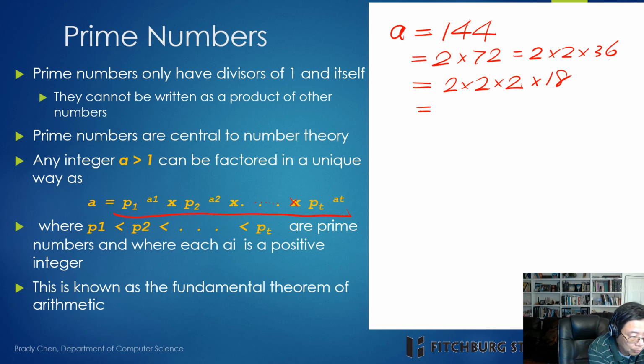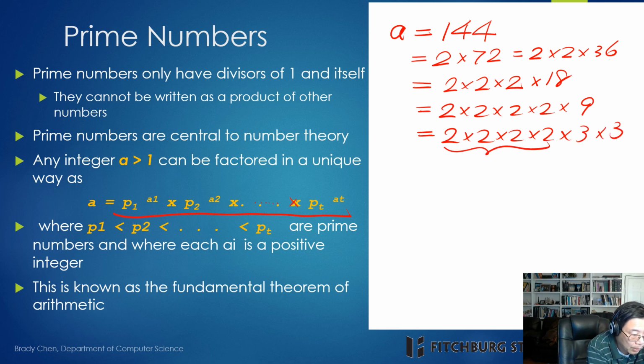Then we continue: 2 times 2 times 2 times 2 times 9, so 2 times 2 times 2 times 2 times 3 times 3.